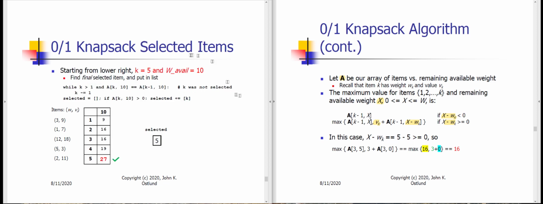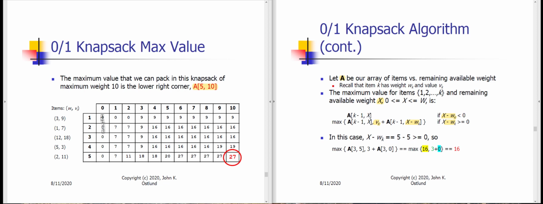Now, that tells us the maximum value that we could obtain, but it doesn't tell us directly which items were selected. There are various ways of figuring out what items were selected. One clever, interesting way would be, instead of just storing a numerical value in each one of these cells, you could store an object containing both the numerical value and the set of items that were used to create that value.